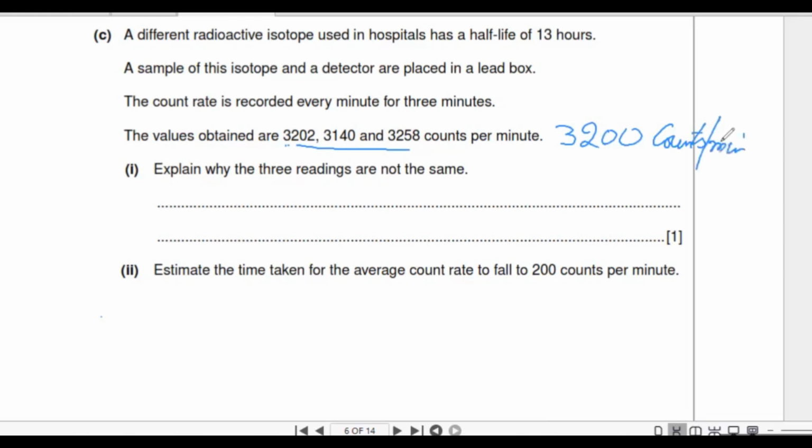Now, you want it to reduce to 200. So, simple formula: 3200 divided by 200. How much is it coming? 16. So it means it has gone from N to N by 2, then N by 4, then N by 8, then N by 16.